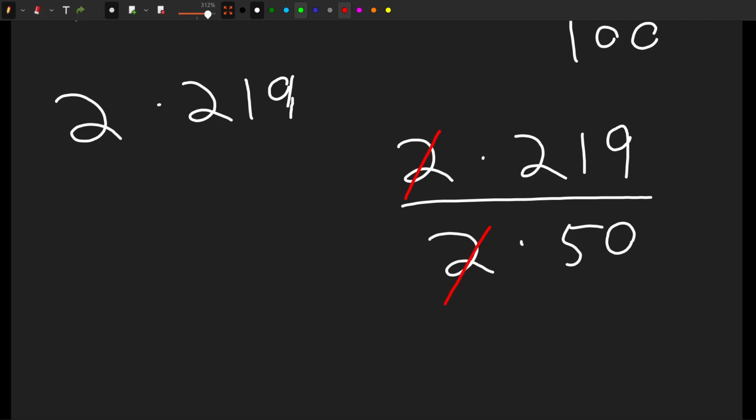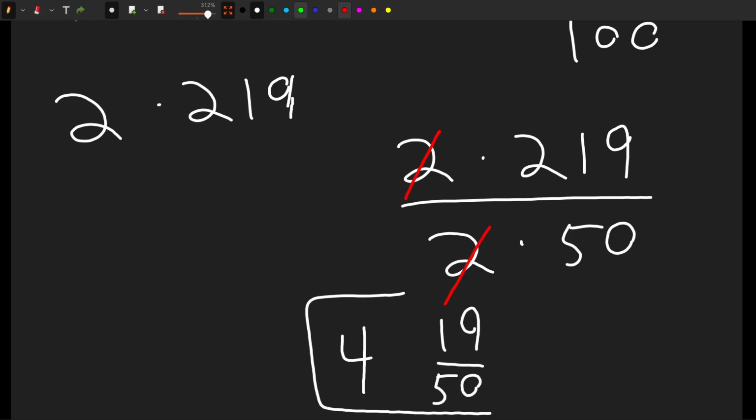Well, 50 times 2 is 100. 50 times 3 is 150. 50 times 4 is 200. So that means I would have 4 whole 50s with 19 left over. And so I get 4 and 19 over 50 as my fractional answer. 19, if you remember, is prime, so we can't simplify it any more than that.